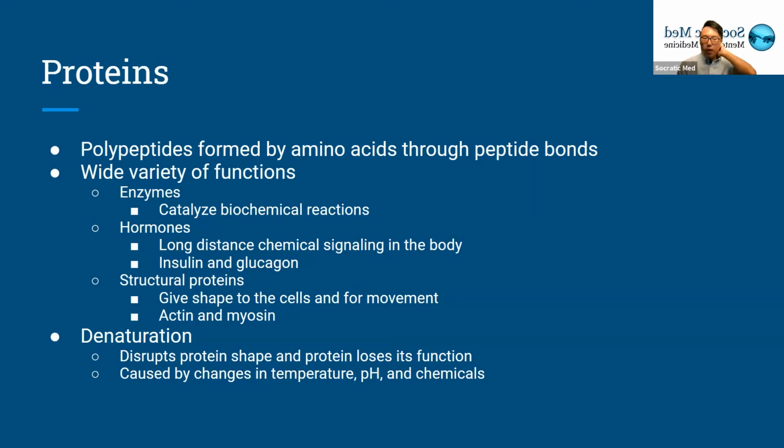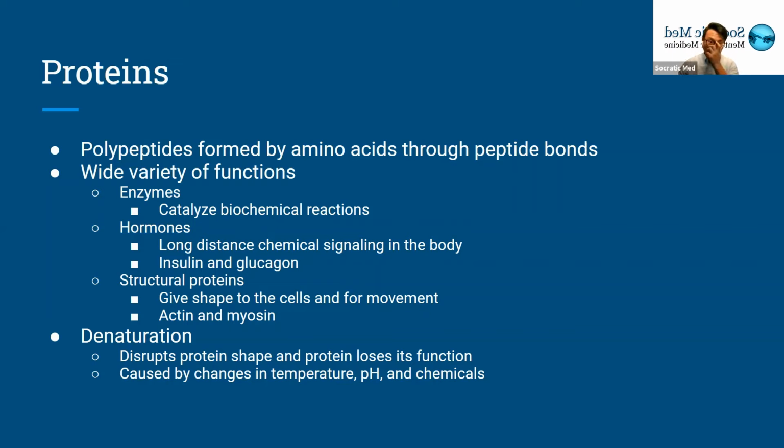If a protein gets too hot or too cold, it'll lose its shape and lose function. If the pH is outside of its optimal range, it'll also undergo denaturation.